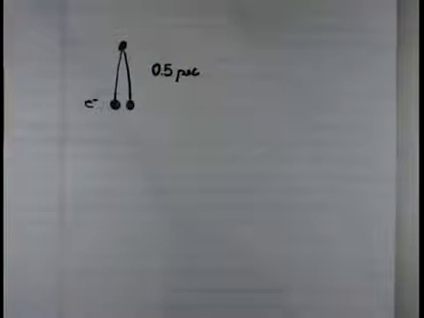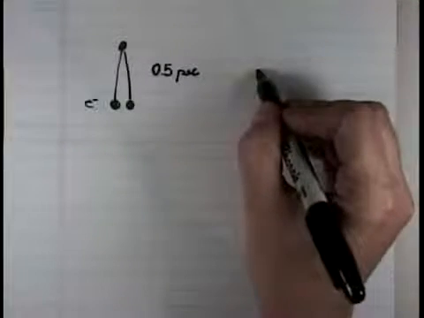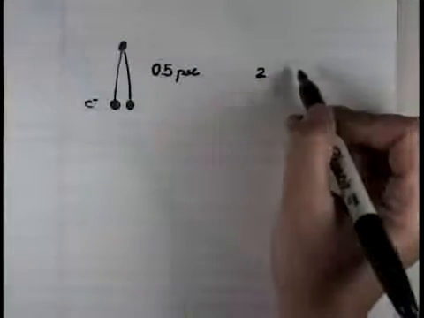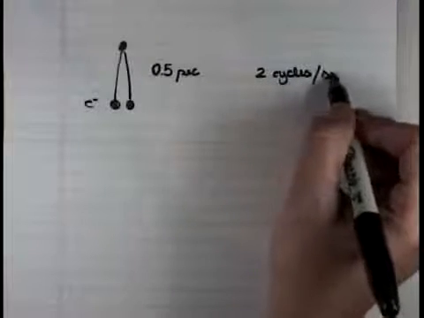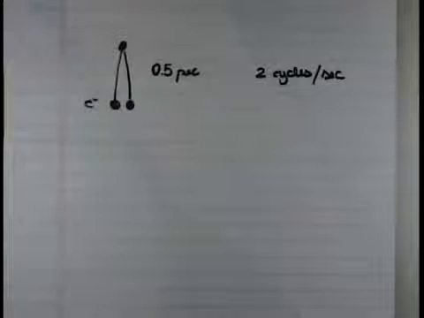Well, if it takes half a second to go up and down, it's also true that you can go up and down twice in 1 second, right? So, in other words, 2 cycles per second.